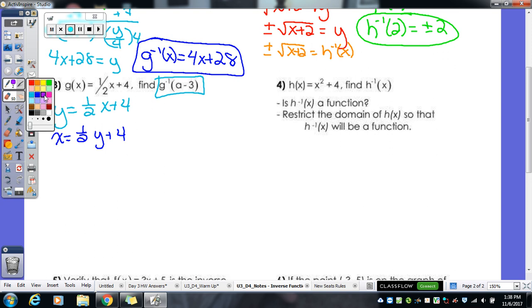And now we solve for our y. Very good, minus our 4 first. And then what do? Casey, what do? Very good, Casey.